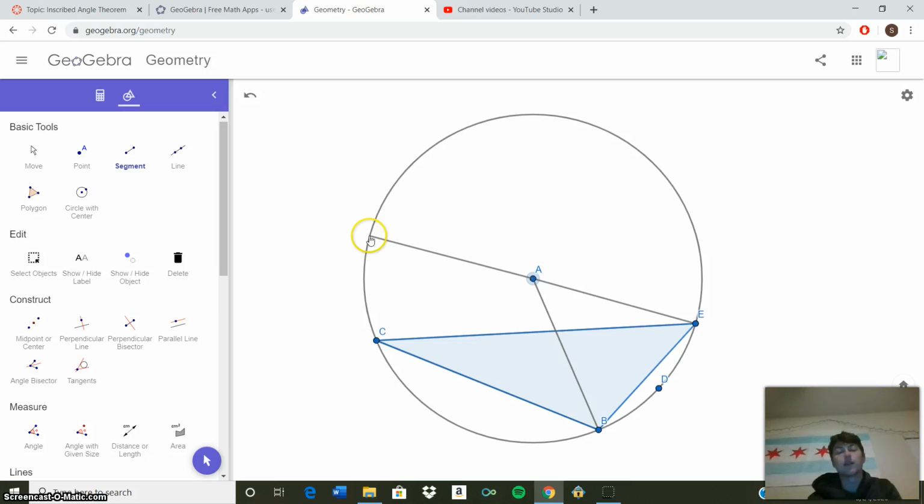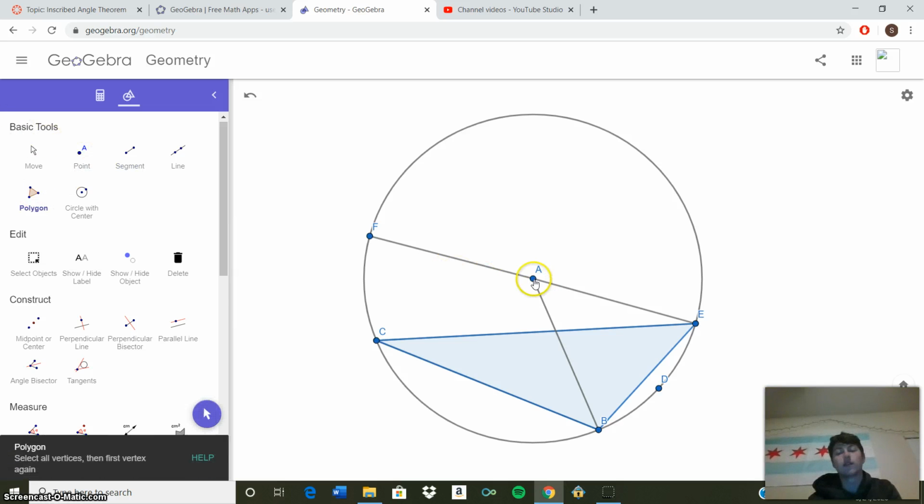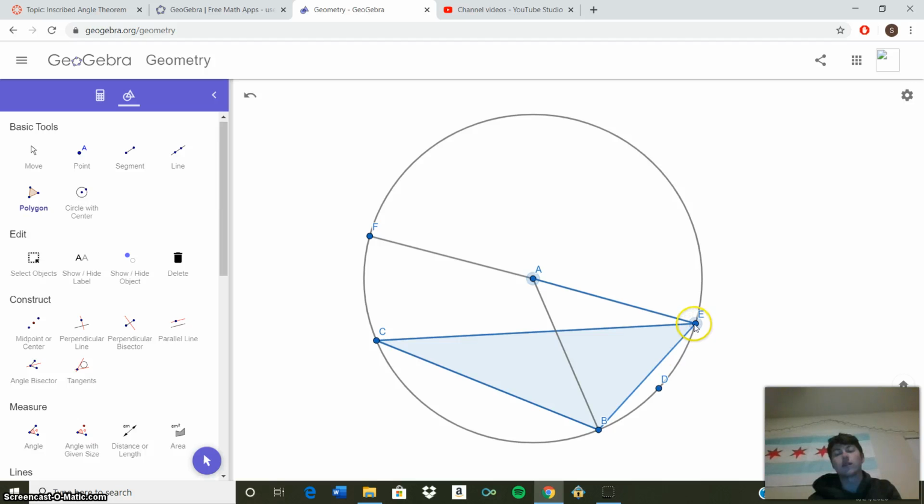We'll say that's the diameter like that. Nice. Okay, so we then have this triangle here. We'll color it in to make it stand out.